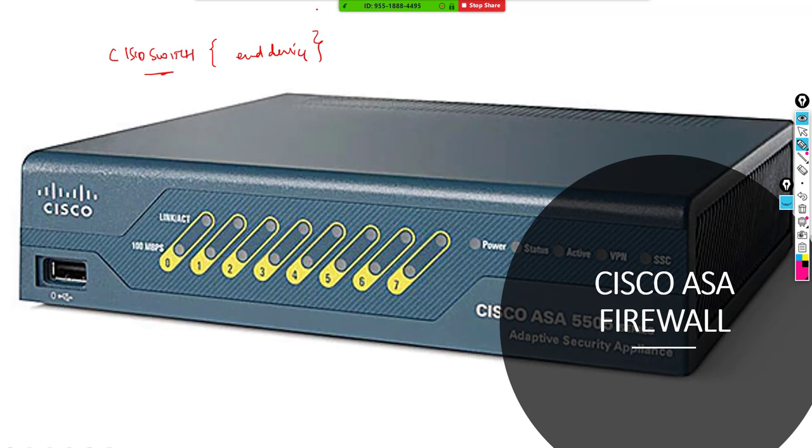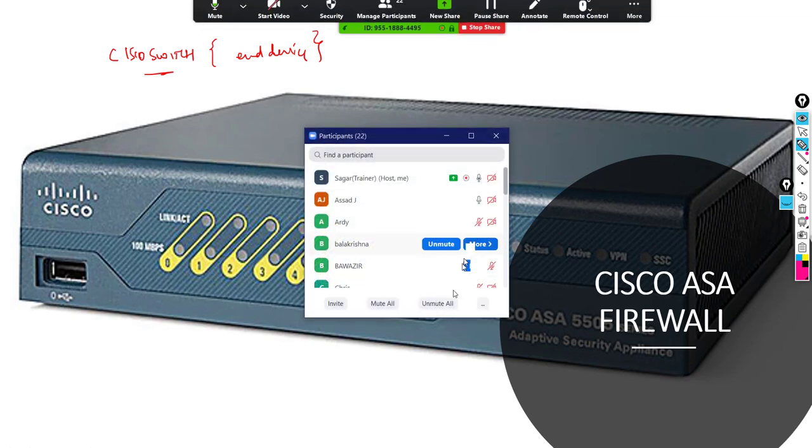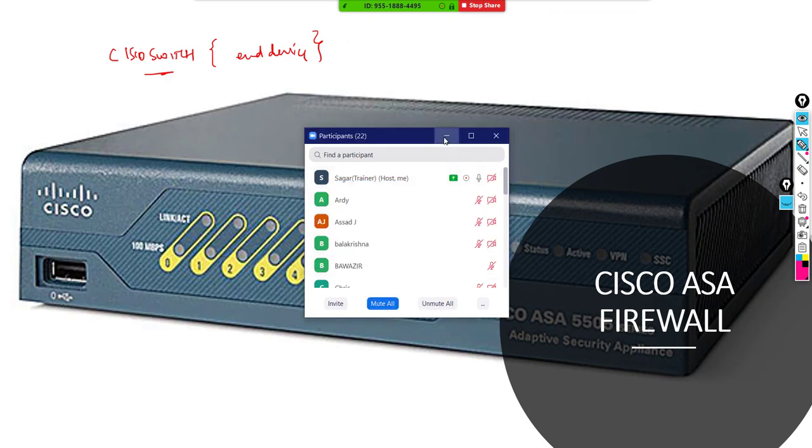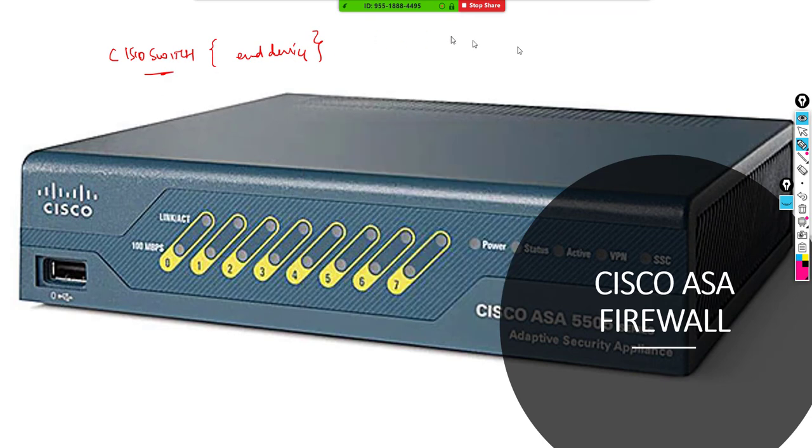And the Cisco switch, or any switch, works on layer 2, the layer 2 OSI layer. The main functionality of a Cisco switch is to connect multiple end devices. That is the main purpose of a Cisco switch.